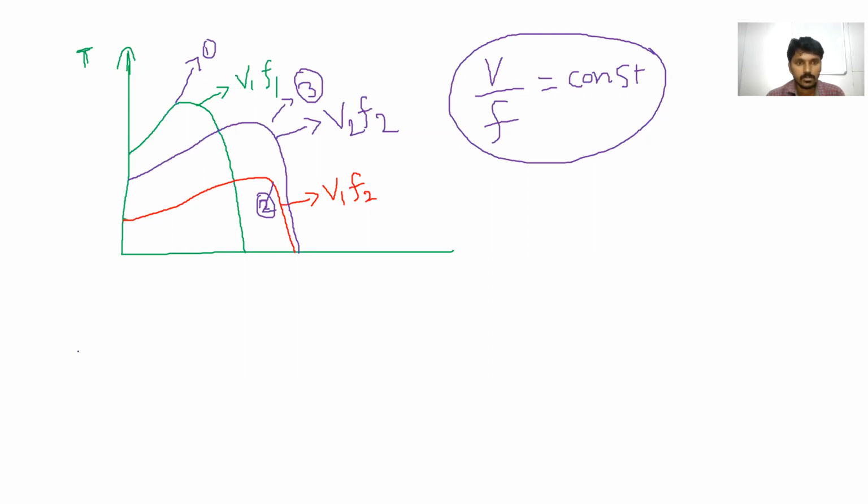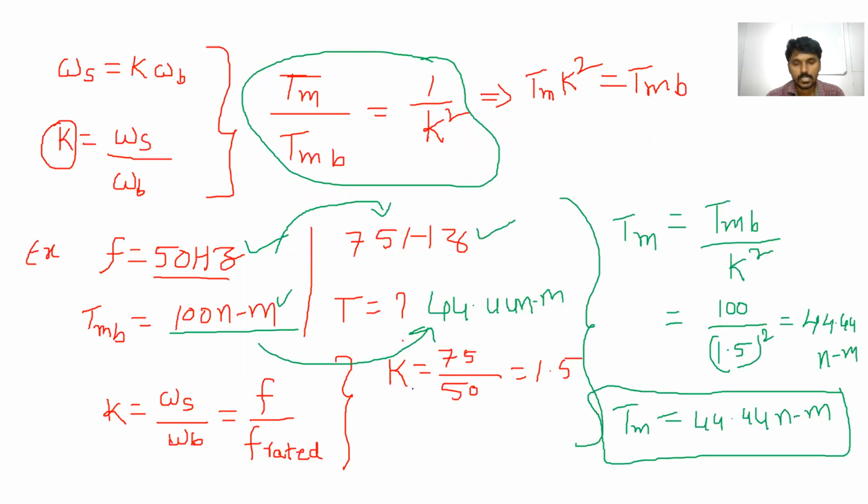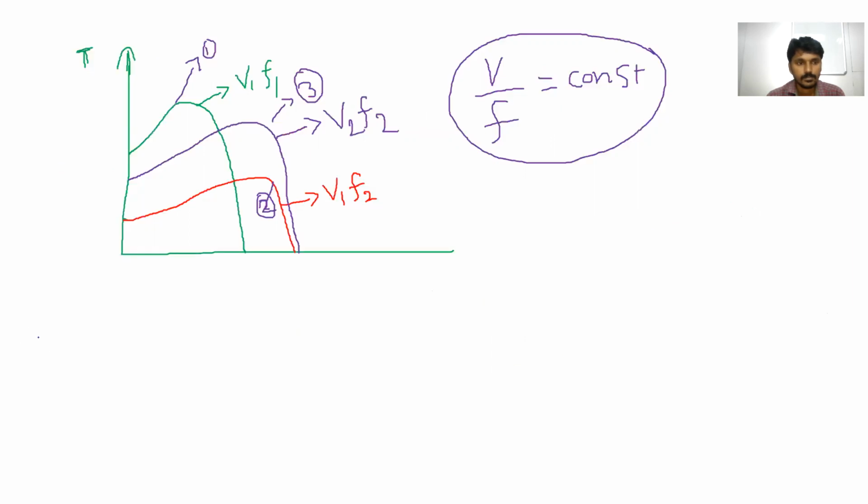V by F is equal to, we know the formula. So from these relations, K is equal to F by F rated. So what we can draw is the graph.